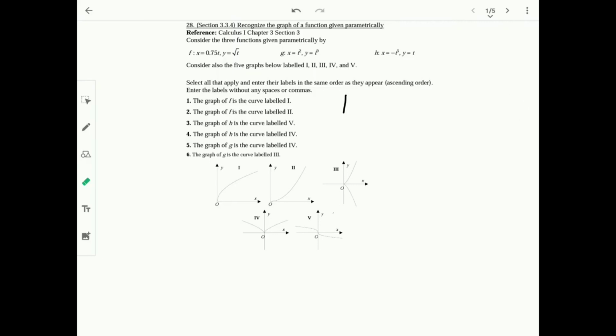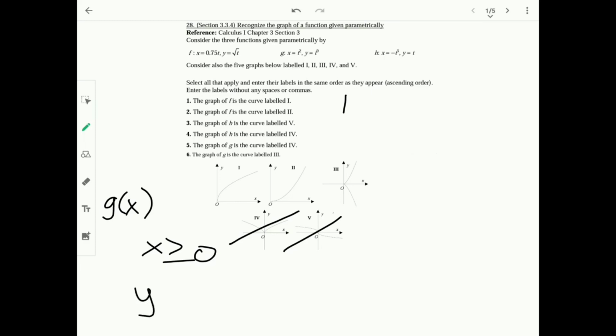In the next question, they're saying g of x: x equals t squared and y equals t to the power of 9. Since x is t squared, anything squared is positive, so x has to be greater than or equal to 0. Again, cancelling out this and this from our possible choices, right? y is equal to t to the 9. Since y is equal to t to the 9, what is minus 1 to the power of 9? Minus 1.